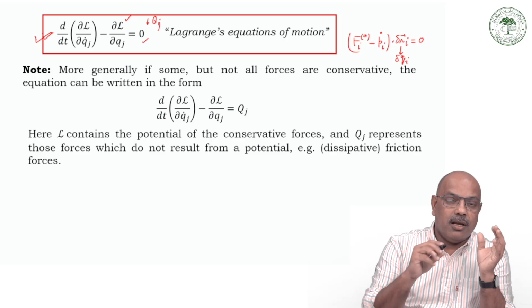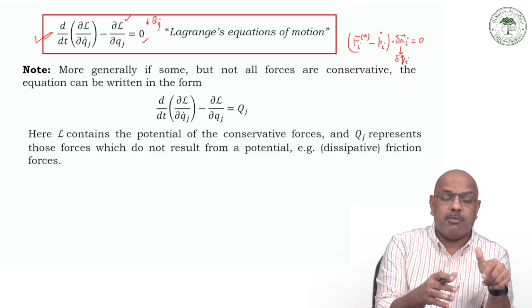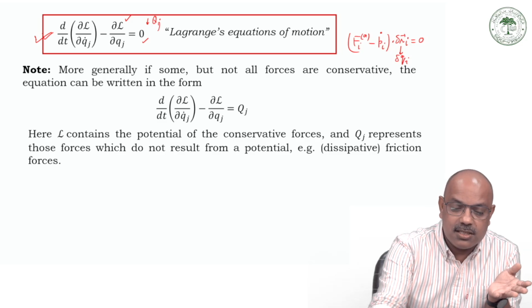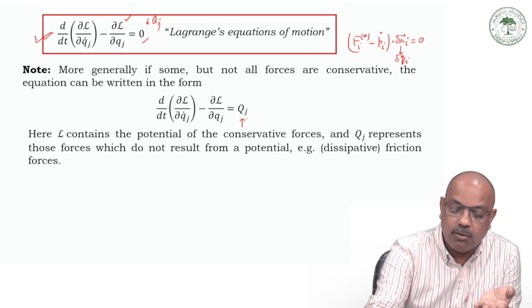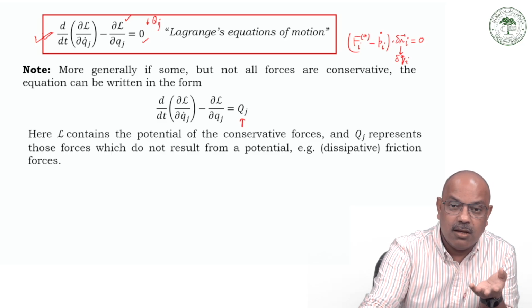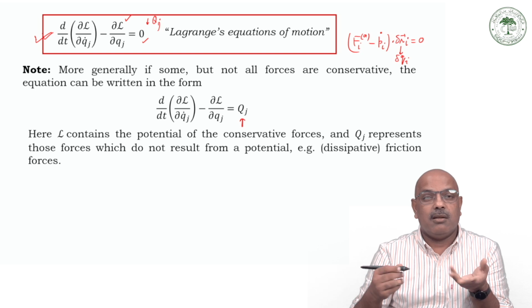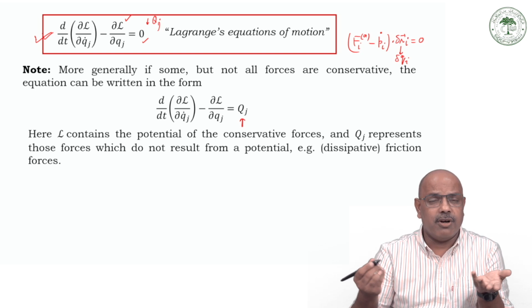But irrespective of that, the forces which are left behind, which are not derivable from the potential, have to be taken care of if there are some. So in place of zero we have to have this Qj, which now consists of those dissipative forces; one example is the frictional forces.